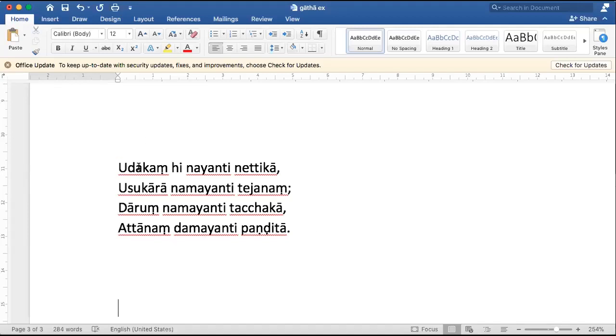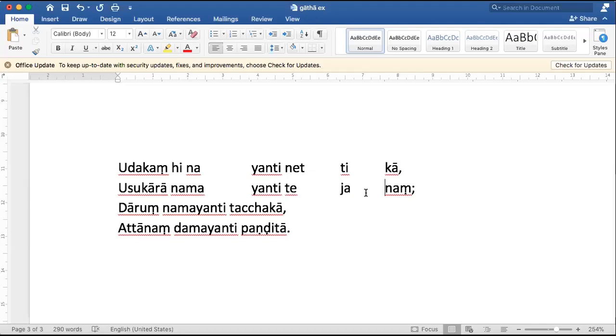So let's check the verse. Udakang 1 1 2 1 1. There are 6 moras. Then yanti net is the ragana, ti is lahu, ka is garu. You see, 6 moras, ragana, lahu, garu. In the second line, usukara nam, 8 moras. Then yanti te ragana, ja lahu, nang garu. 8 moras, ragana, lahu, garu.